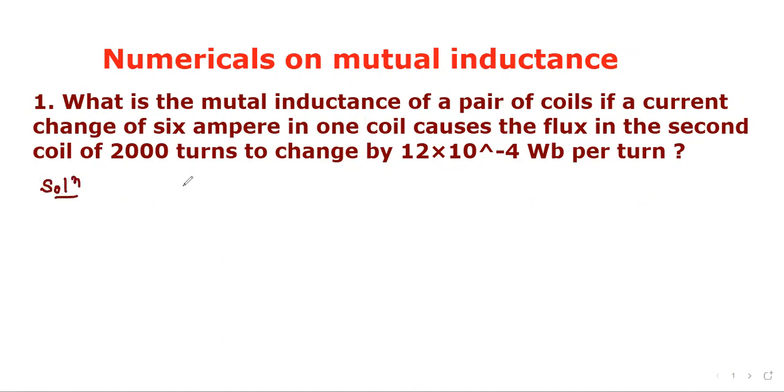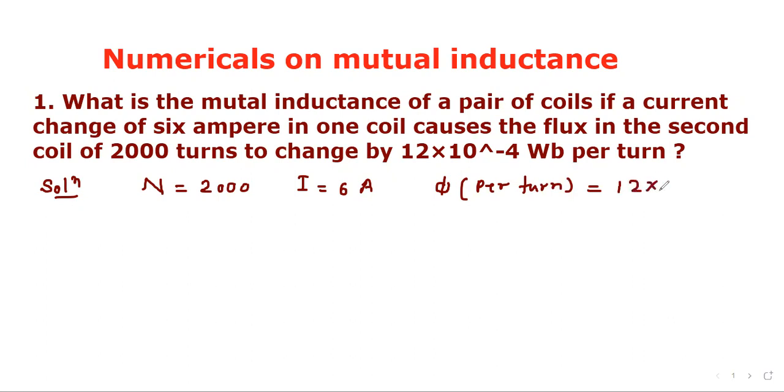So here we are given N equal to 2000 and I is given as 6 ampere. Flux per turn, phi per turn, is given as 12 into 10 to the power minus 4 Weber.